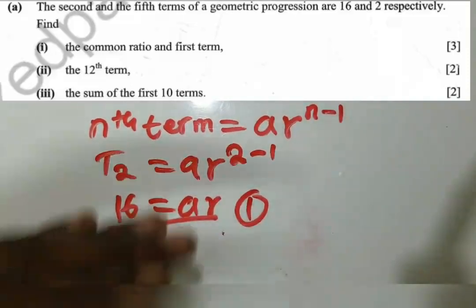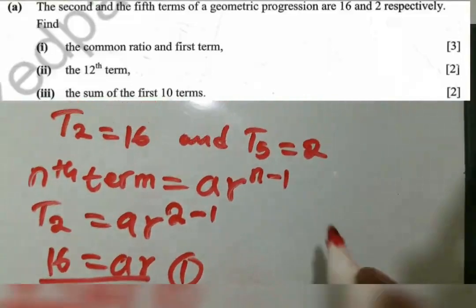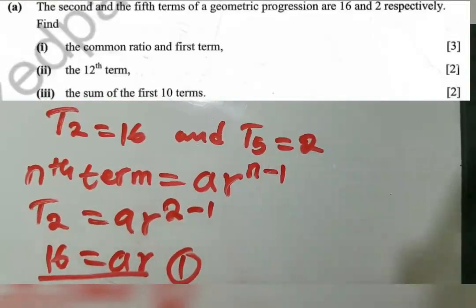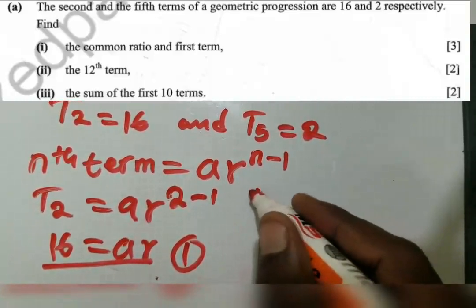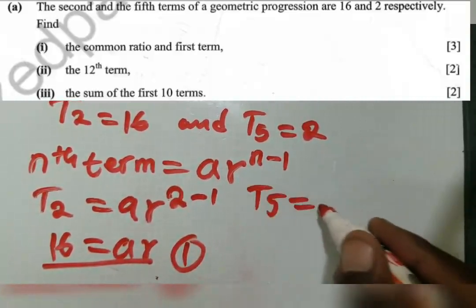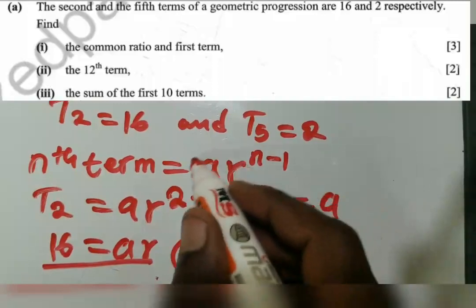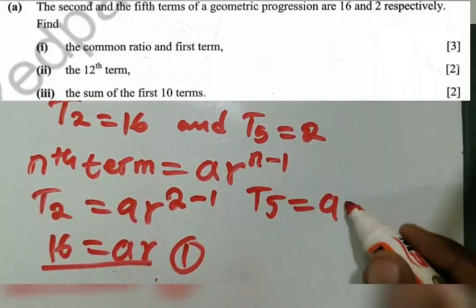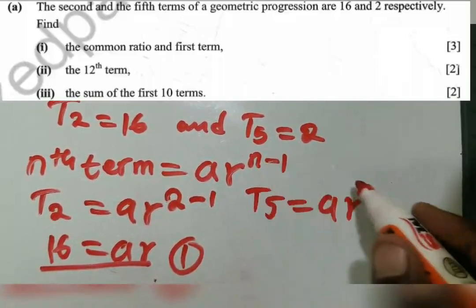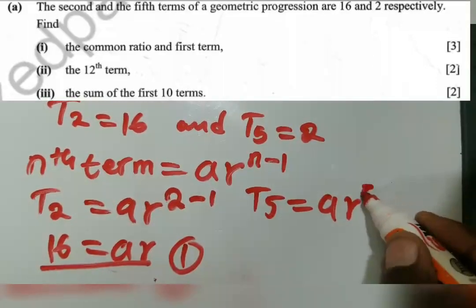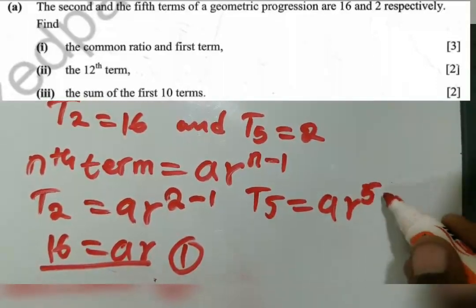How about if we try to use term 5? We'll say term 5 is equal to a r to the power n, using the same formula, where n is the number of terms, term 5, minus 1.